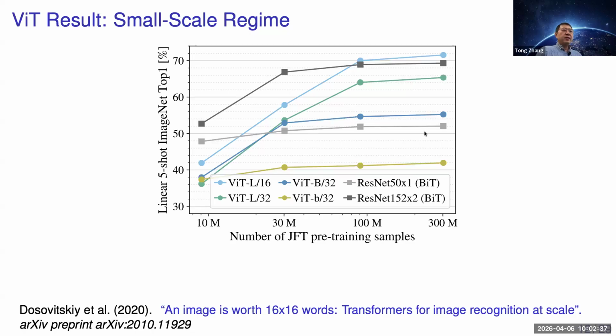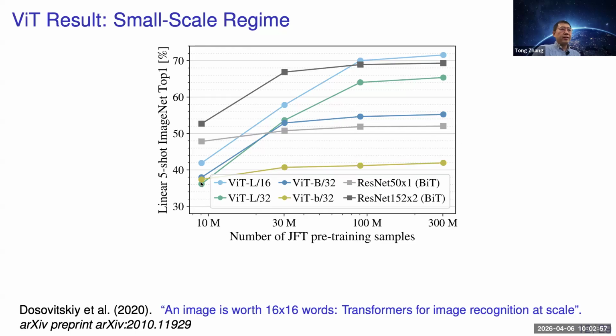It's like this. If you look at the ViT, even the largest ViT, they played around with different ViTs, depending on the block size and so on. This is a base, and this is a large model, and so on.